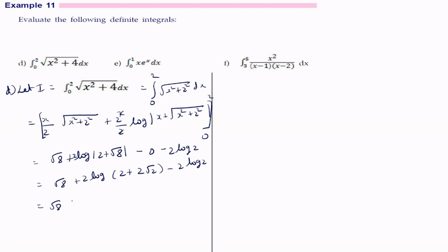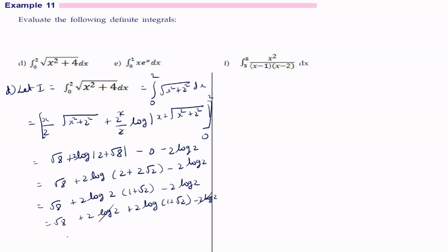So this is root 8 plus 2 into log of 2 into 1 plus root 2 minus 2 log 2. Here this is of the form log of AB, which is log A plus log B. So it is 2 log 2 plus 2 log 1 plus root 2 minus 2 log 2.